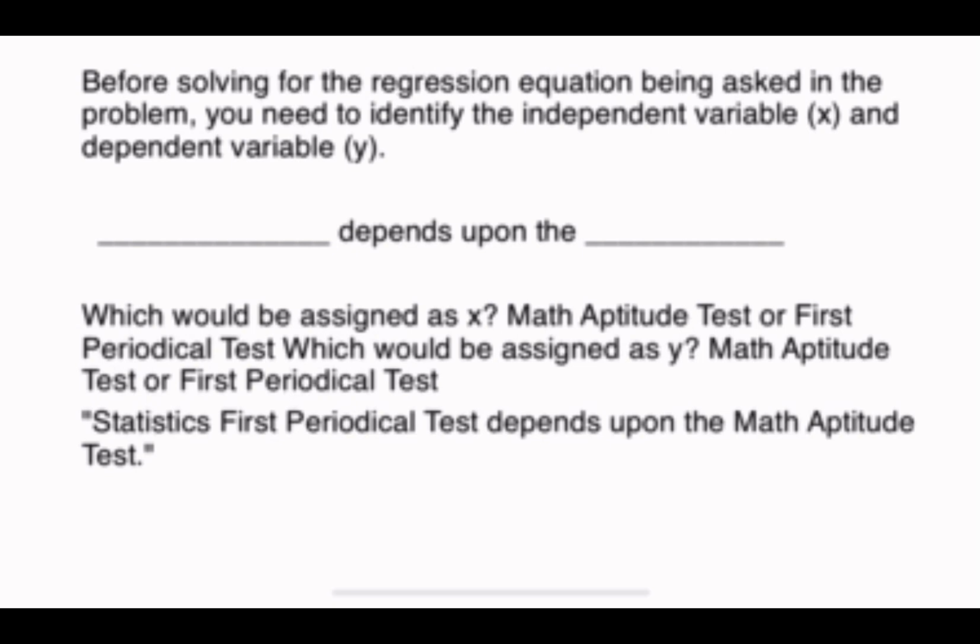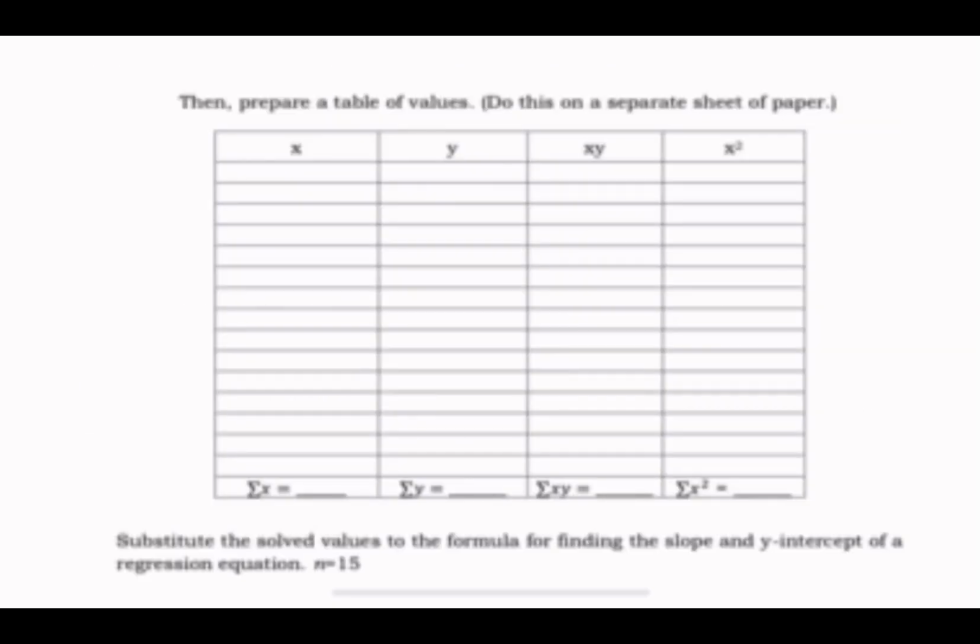The answer is: statistics first periodical test depends upon the math aptitude test. Then prepare a table of values. This is the table of values.